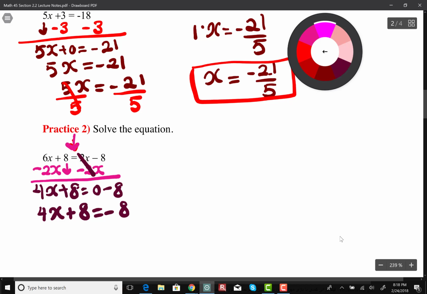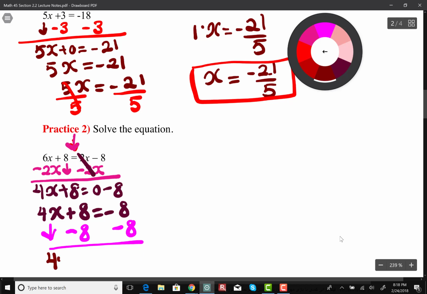One more time, we have to remember that the opposite of 8 is -8. This is one side. The other side, we should do the same thing. And when we do that, again, if I want to do the addition in a vertical format, this doesn't have any like terms, so that goes down. So I'm going to write it down.